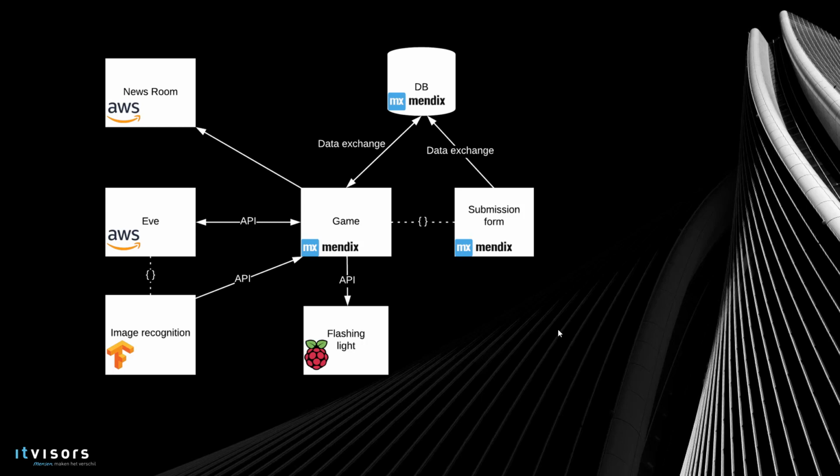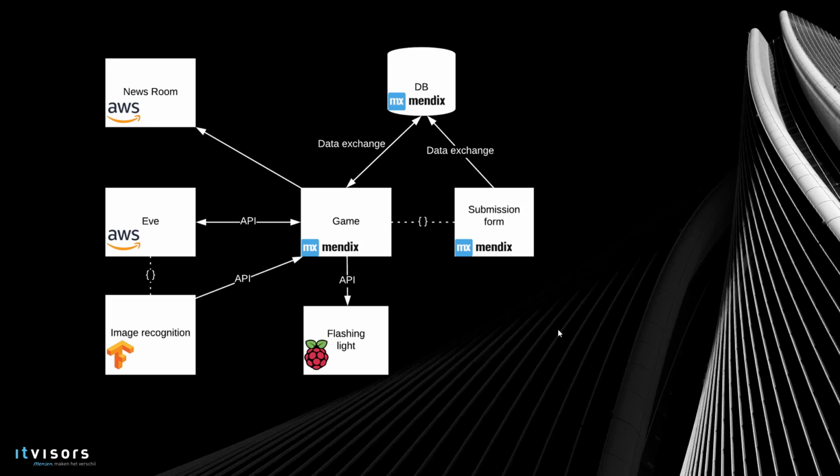It's also very easy to build logic, like game logic. You can integrate JavaScript, which actually is the sliders that the player has to swipe or to press. And also you have the Mendix database where all the information is combined and where the progress of the game is kept.